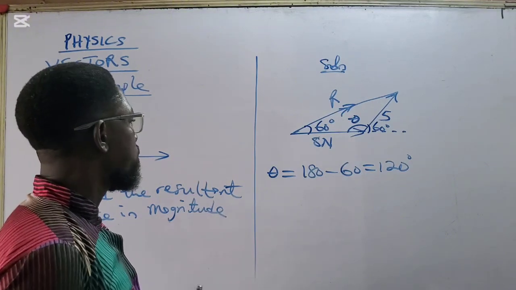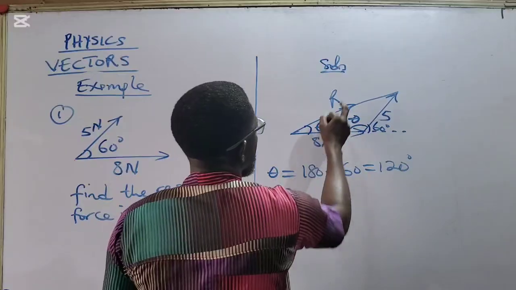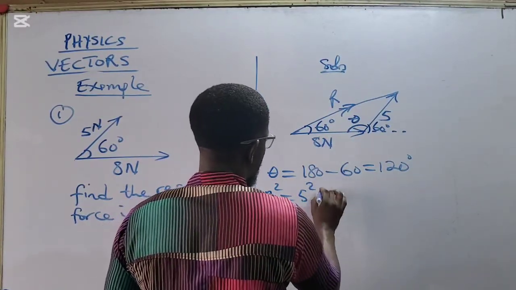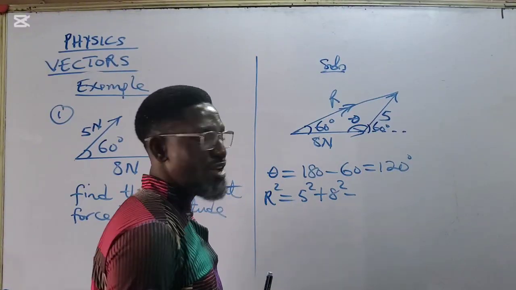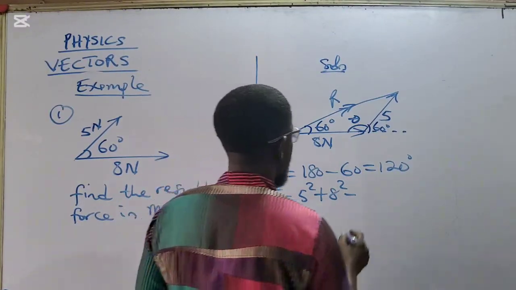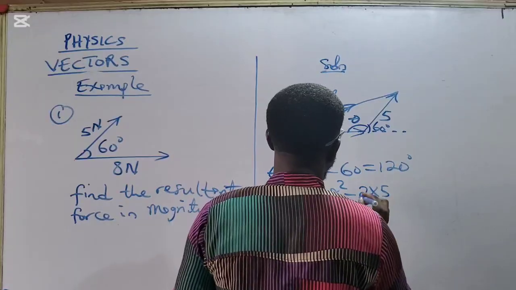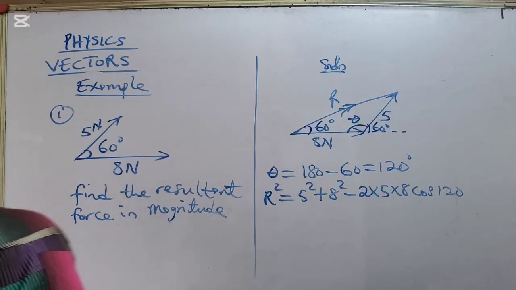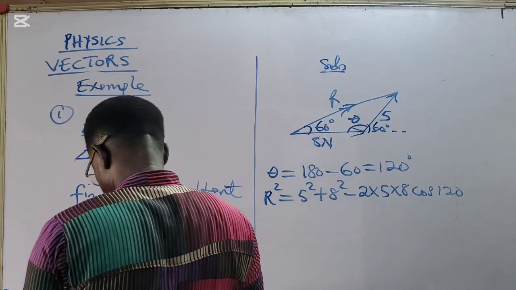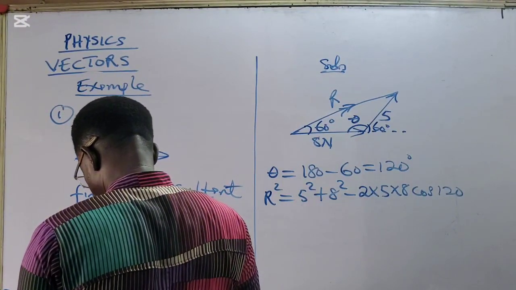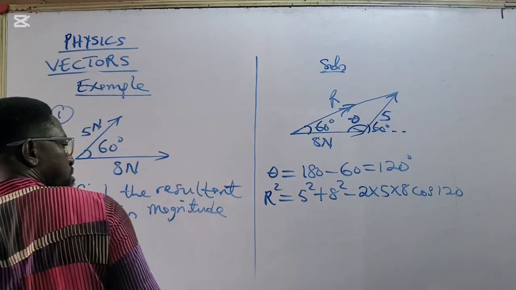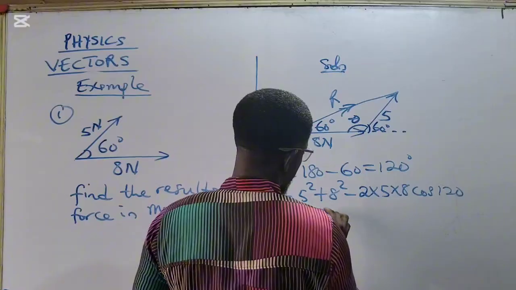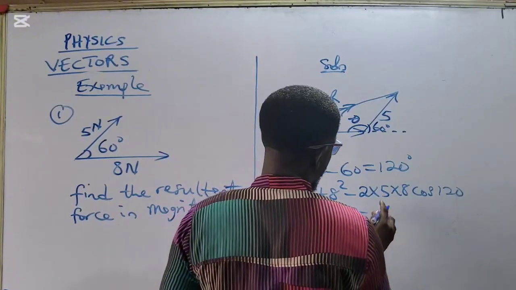So the next thing I will do is to get the resultant. R squared equals 5 squared plus 8 squared, making use of the cosine rule, minus 2 times 5 times 8 cos 120. We get 25, we get 64.